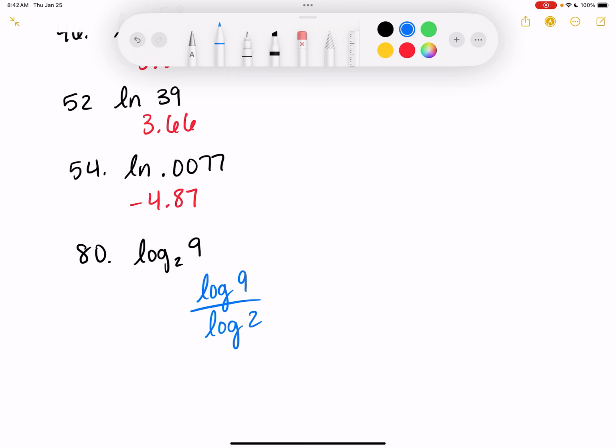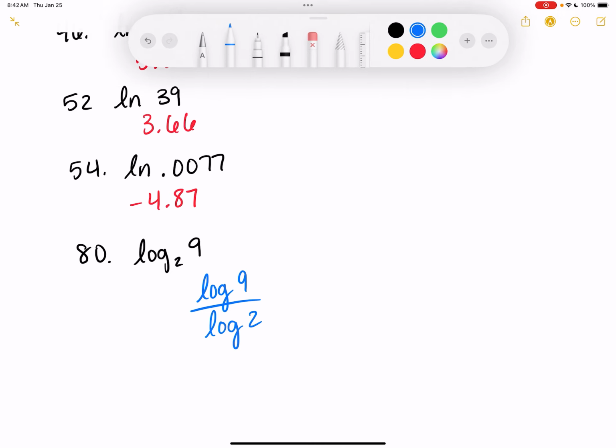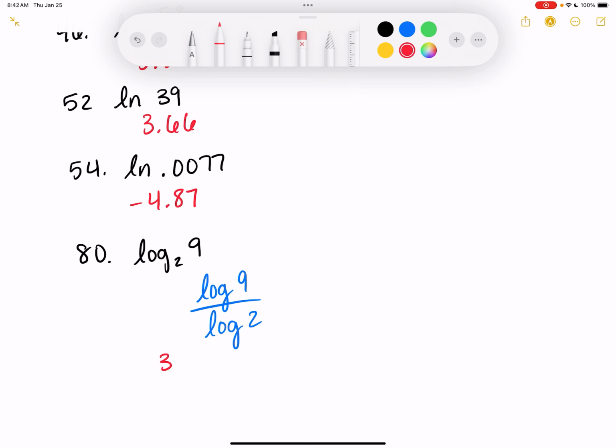And then it does want us to give a final answer. So we would type these in. Again, make sure you're careful with parentheses. So we would do log of 9, make sure you close it, divided by log of 2. And that'll end up being 3.17 for that.